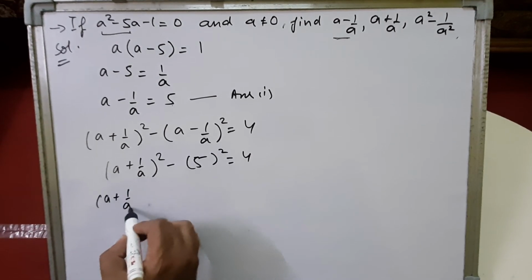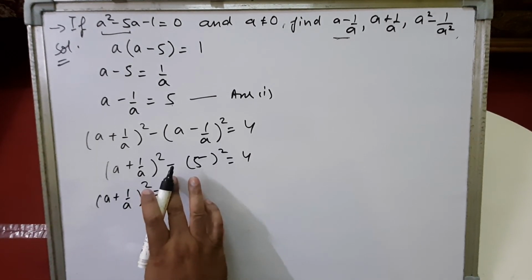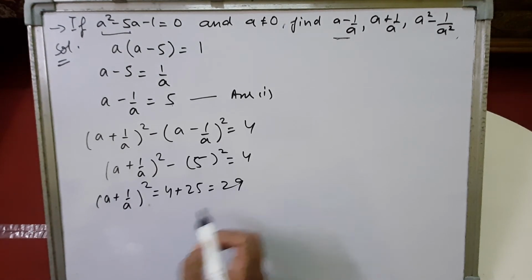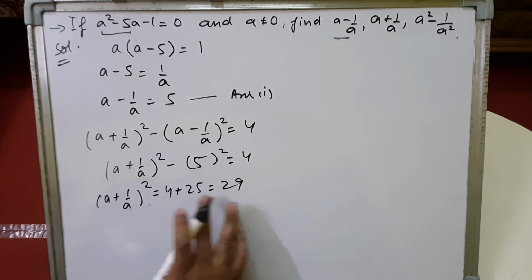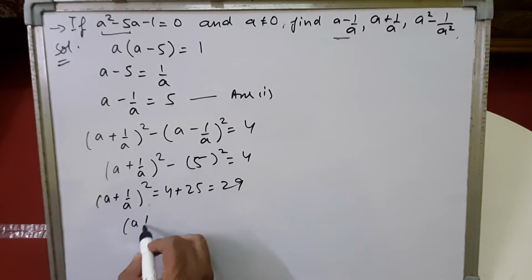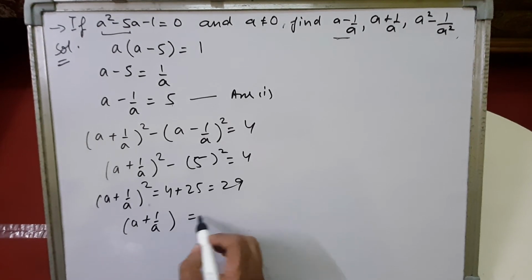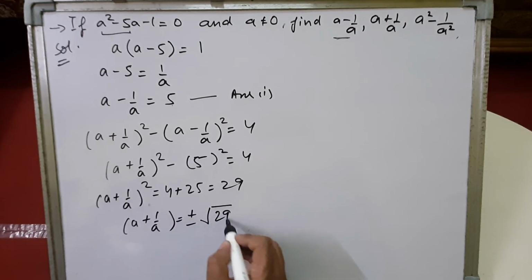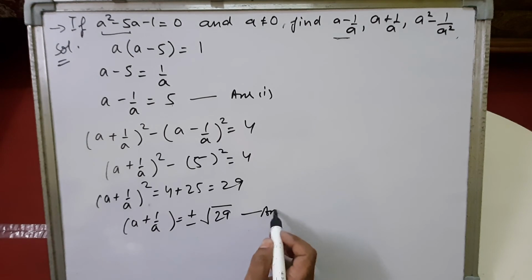So a plus 1 upon a to the whole square will be, transferring 25 to that side, 4 plus 25, it will be 29. For removing the square, we are taking the square root on both sides. So the value of a plus 1 upon a will be plus minus under root 29. So this is your second answer.